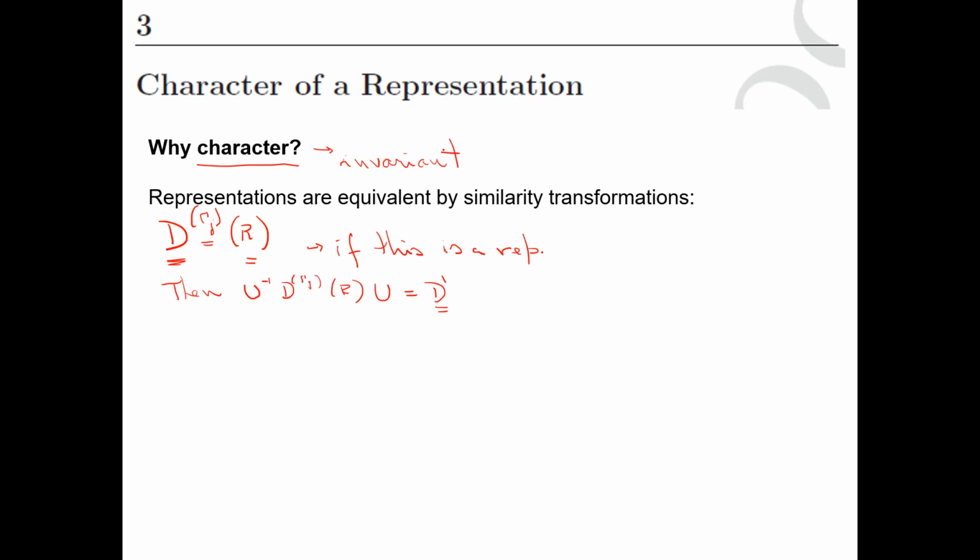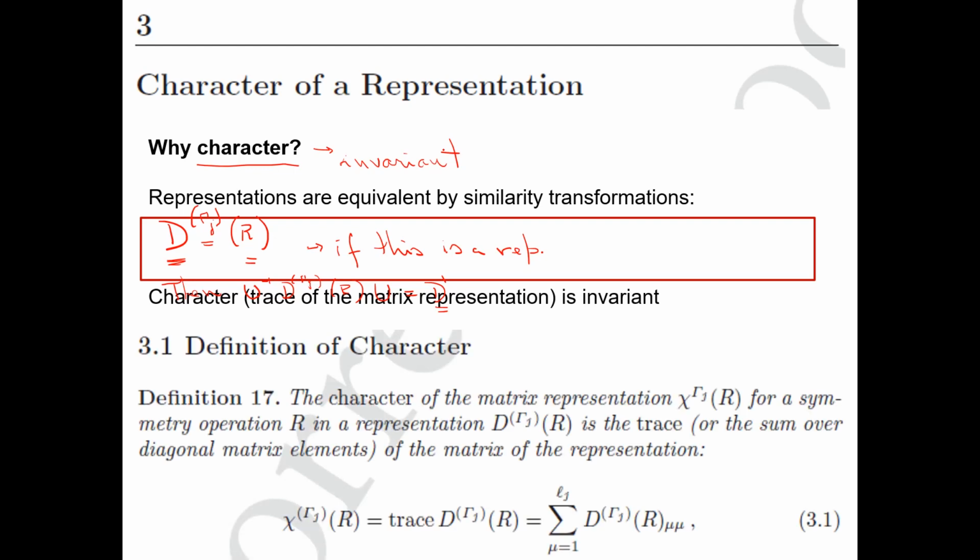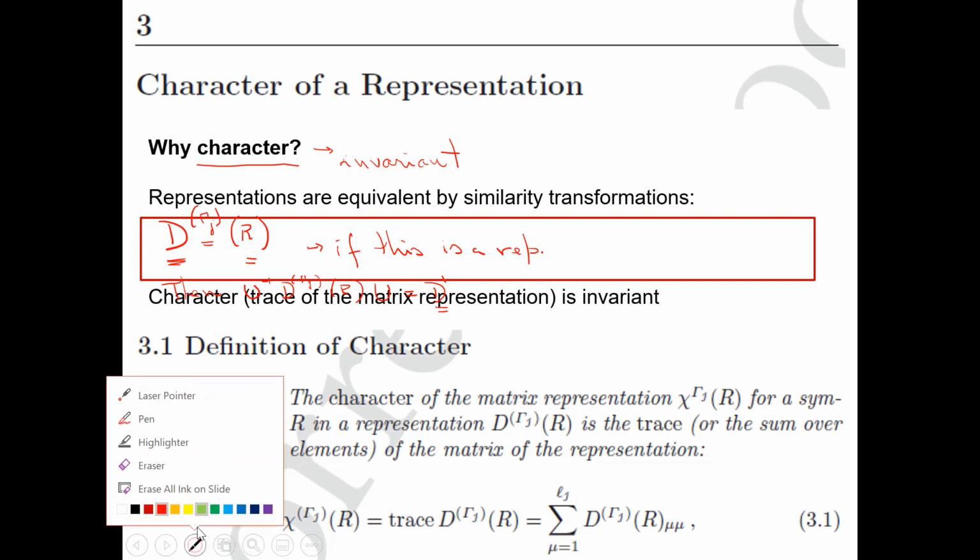So this is one of the reasons to work with characters, and of course the other reason is that it's much simpler to work with a number, which is the trace of a matrix, than working with the matrix itself. Okay, so the character is invariant. So again, what is the character? The character is simply the trace of a matrix.